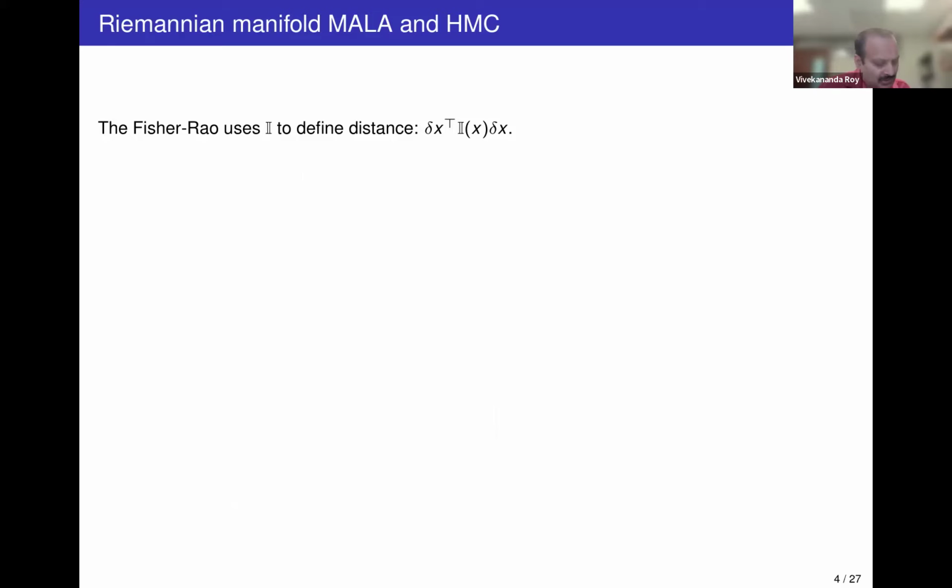So this led us to develop what is known as the manifold variants of these algorithms.